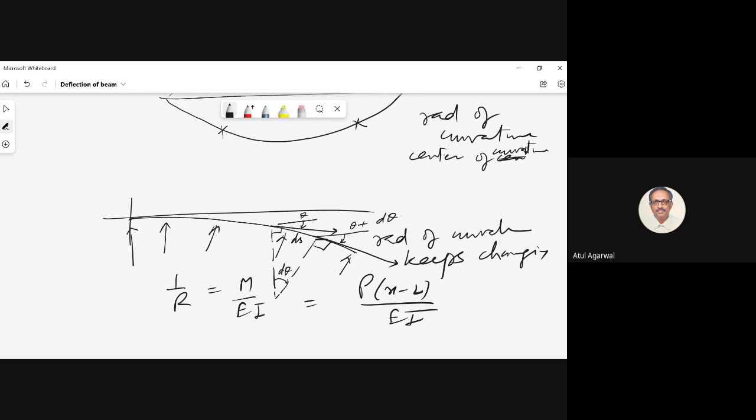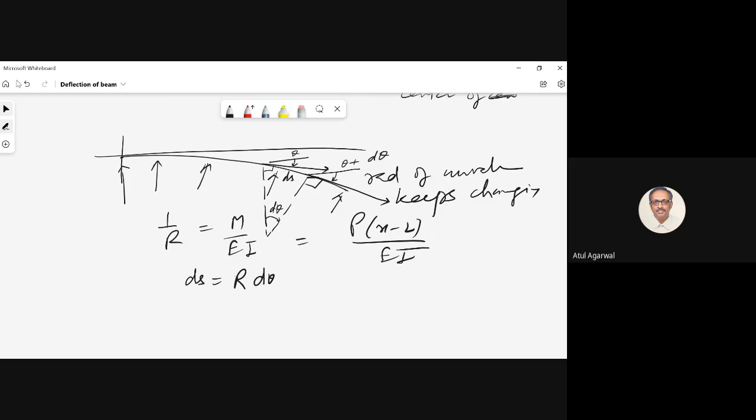So what is ds? ds is equal to r d theta. If you take a small length ds, you can assume your r is constant for a small length. So ds is r d theta. So what is your 1 by r? It is equal to d theta by ds, or d theta is equal to ds by r.